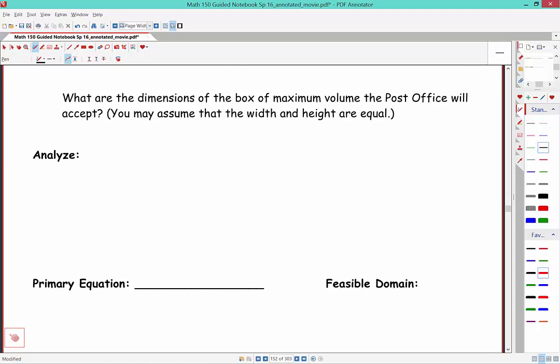So we'll have something like, if this is height and this is width, so we have our rectangular box.